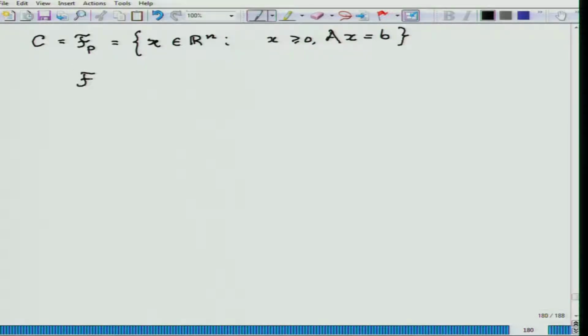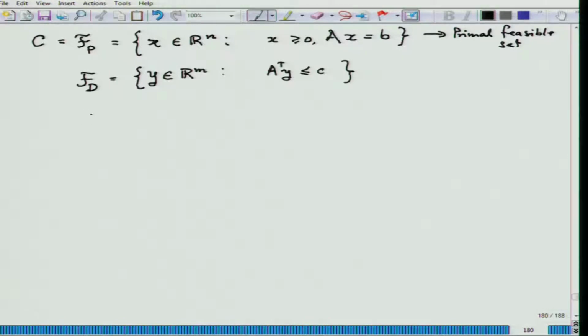Now, of course, for the dual problem, you have y an element of R^m such that A transpose y is less than or equal to C. Now, when we write the dual problem in the equivalent form, you must observe that the dual feasible set is in a higher dimensional space, because now it will have y and s.